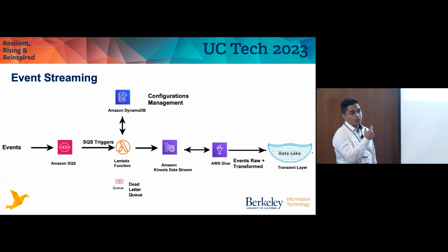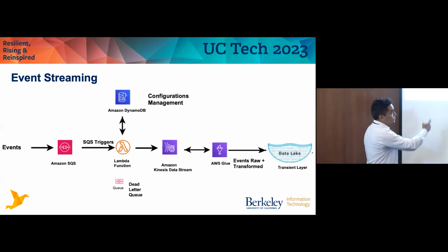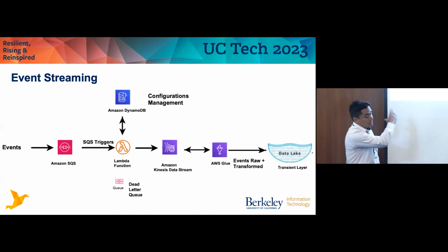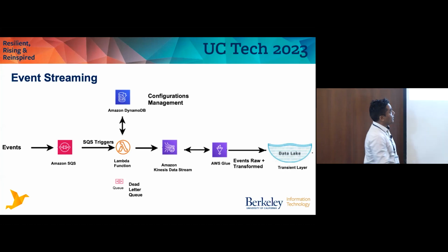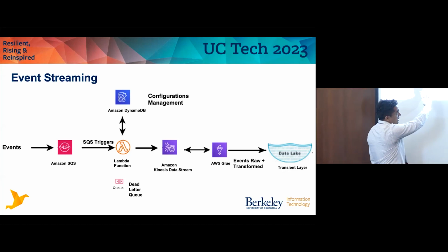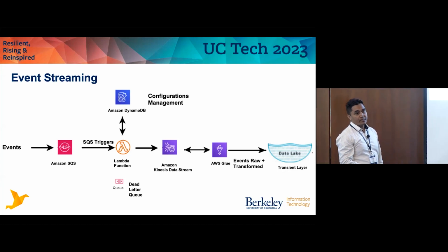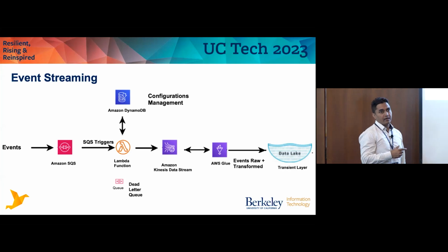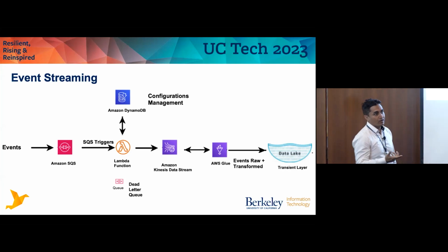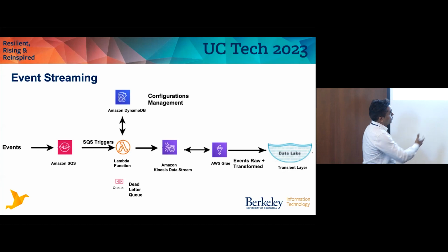So the system keeps on retrying to process those messages until all of them are successful. The messages that are successful land up in a Kinesis data stream, which is more like a broker service, so it publishes these messages.